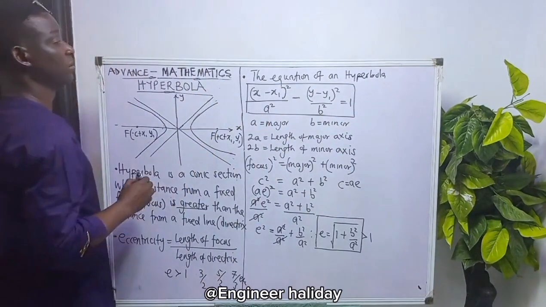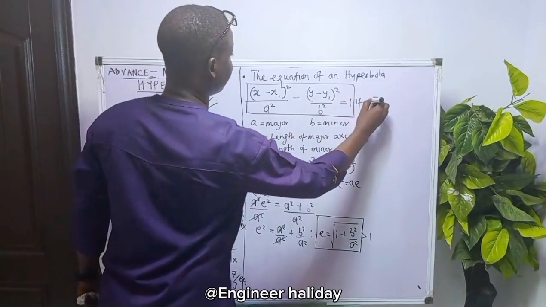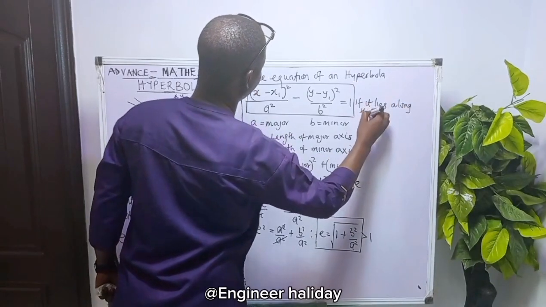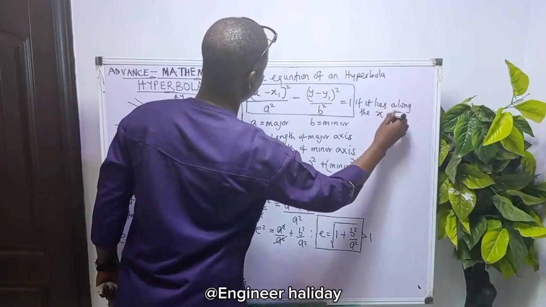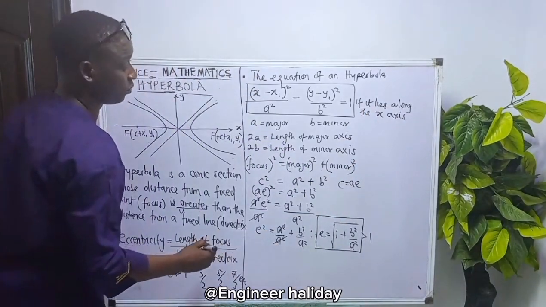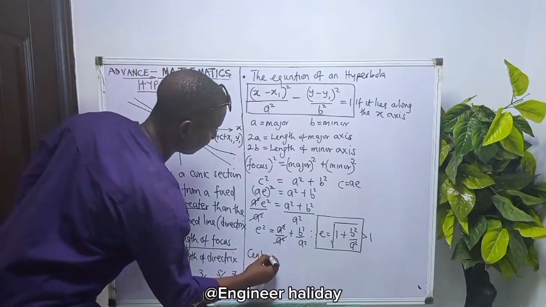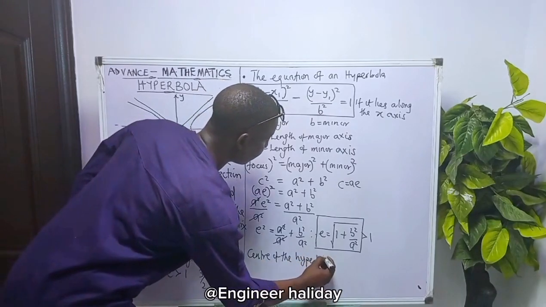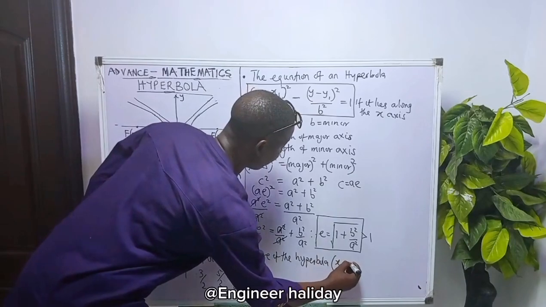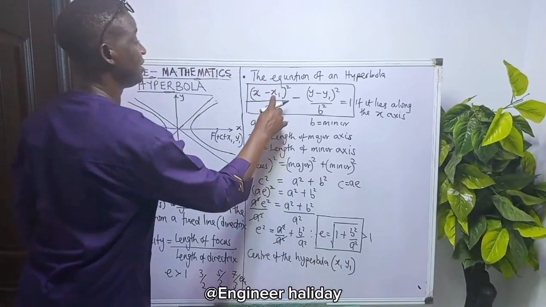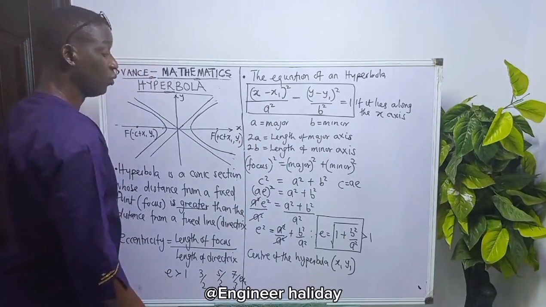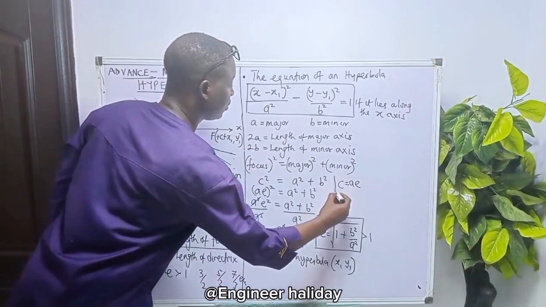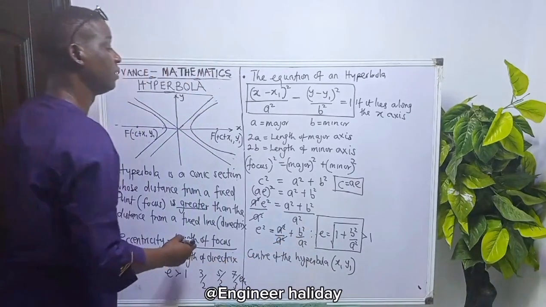Also don't forget that this equation can lie along the y-axis or the x-axis. Another thing you must know is that the center of the hyperbola is (x1, y1). Also, c is equal to ae, a very important formula.